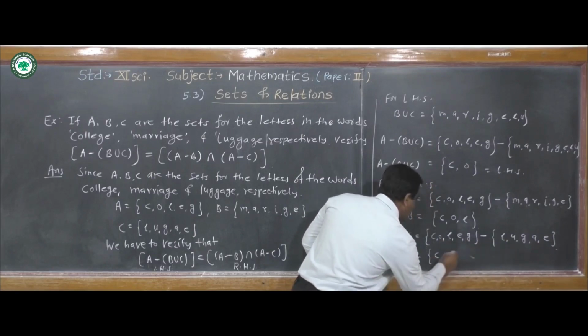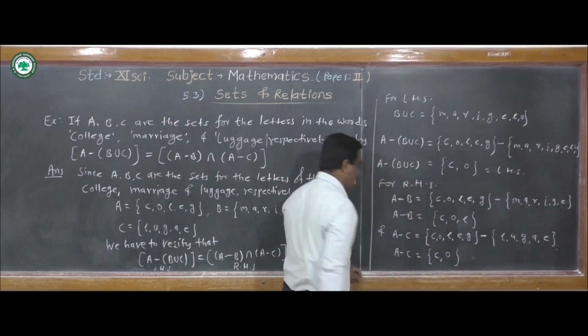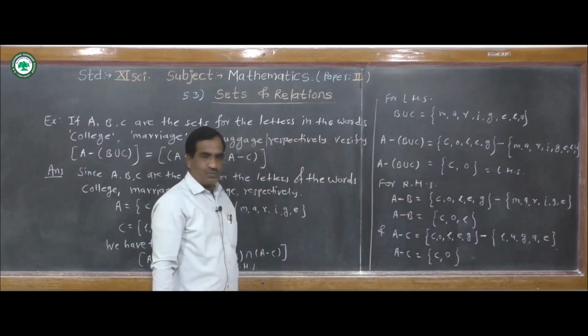Therefore this set A minus C contains only two elements, C and O.